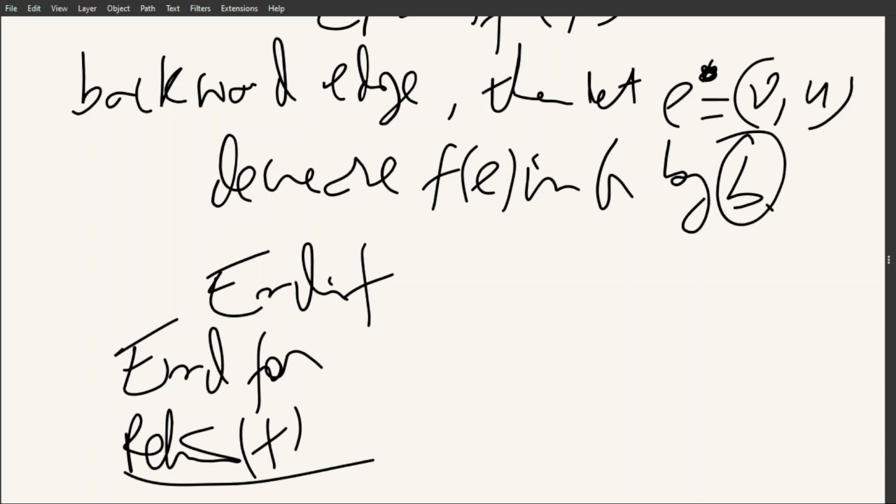So with the same example we'll see how we can augment a path.